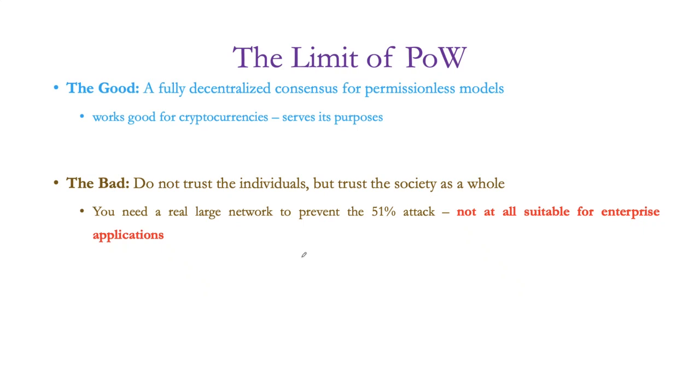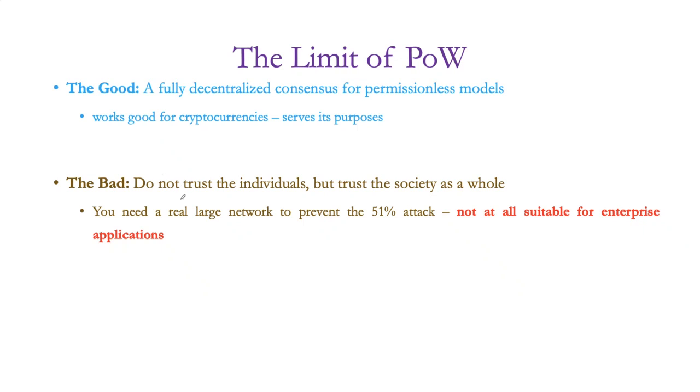But if any node in the network thinks that way, then that will give you a denial of service. Sometimes I'm honest, sometimes I'm the adversary node. So do not trust any individual in the network, but as a whole society it is possible.